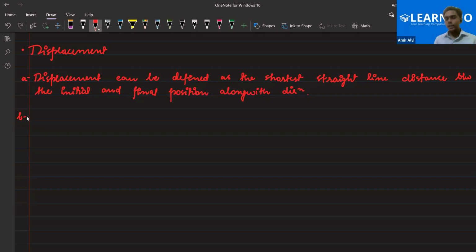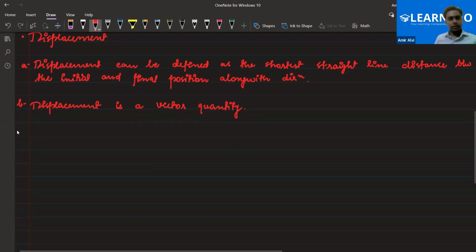It depends on the direction. If we change the direction, displacement will change. So it possesses both magnitude as well as direction. Clear?